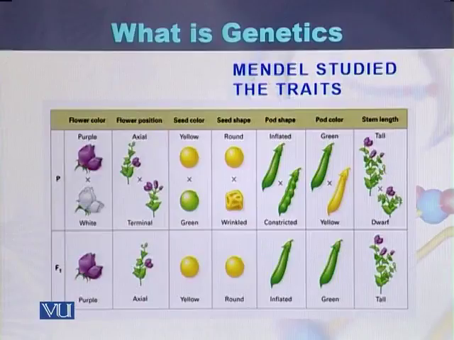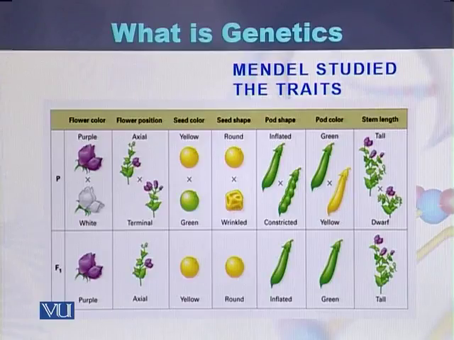This is the list of those characteristics of the garden pea. If we list them one by one: flower color was purple and white. Flower position was axial and terminal. The seed color was yellow as well as green. The shape of the seed was round as well as wrinkled.